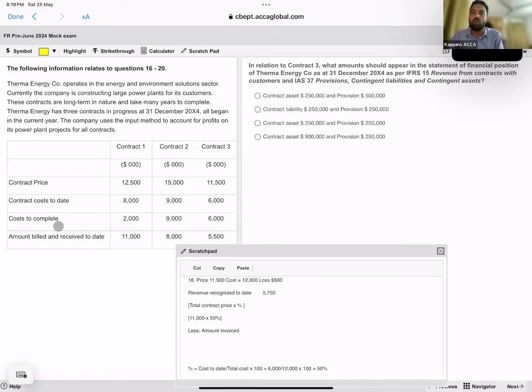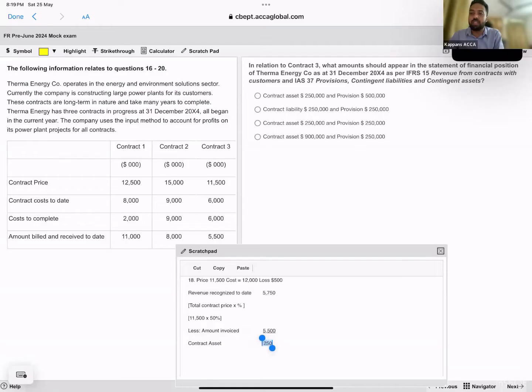Amount invoiced is given as 5,500. So 5,750 minus amount invoiced 5,500 is 250. Since that amount is positive, it's a contract asset of 250.